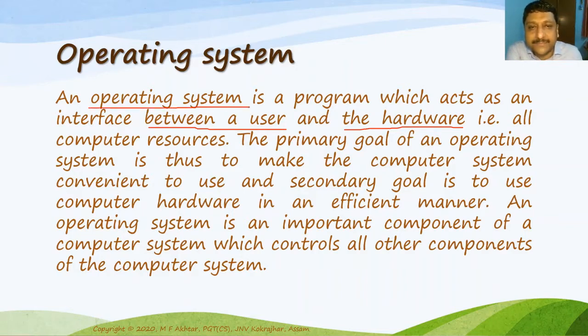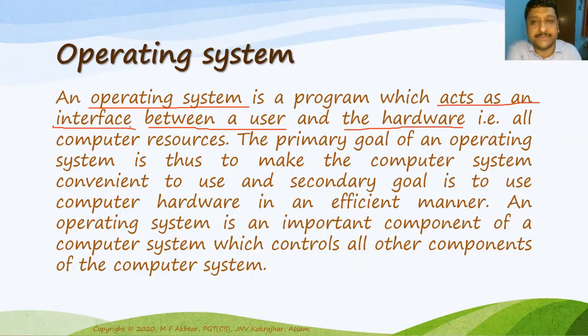This operating system acts as an interface. Interface means it is a system, it is a handle, or it is the accessories through which we can control hardware. A programmer or the user can control the hardware, run the hardware.